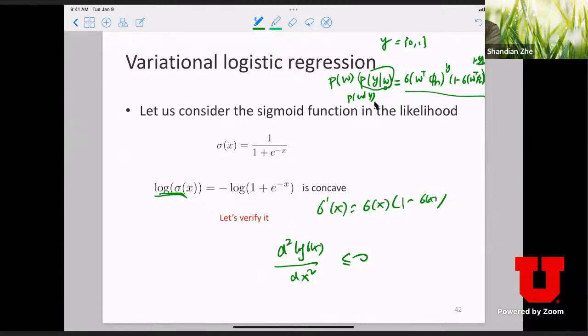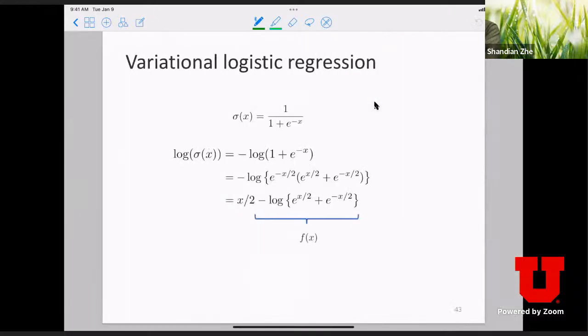So how can we solve this problem? We need to do some smart rearrangement of those terms. Now that log sigma x is concave, we cannot directly operate on it.